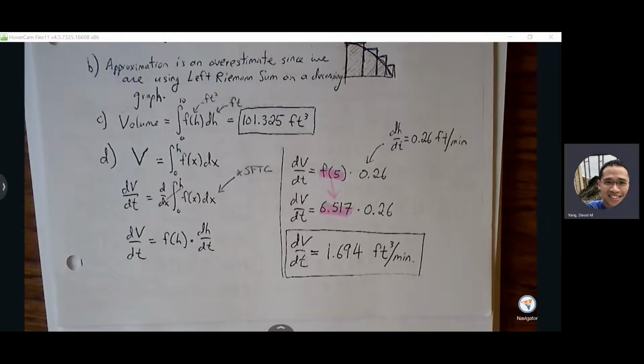Just be prepared. On the AP exam, part D is usually a little more challenging and is going to stretch you a little bit. So don't be stressed out if you feel like you can't get part D of some of these FRQs. Try your best to do the A through C or the A through B, and know that part D is always going to be a little more challenging.